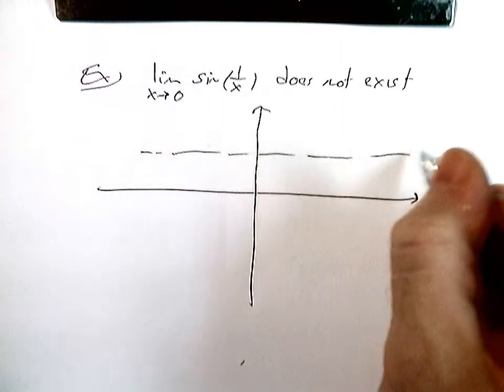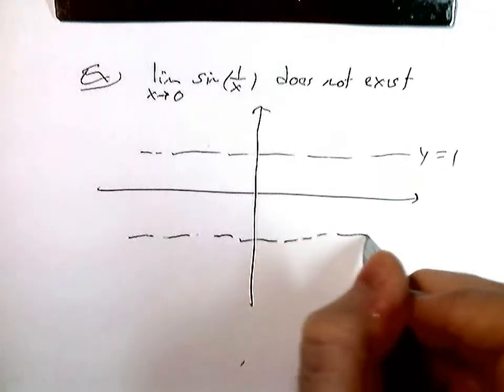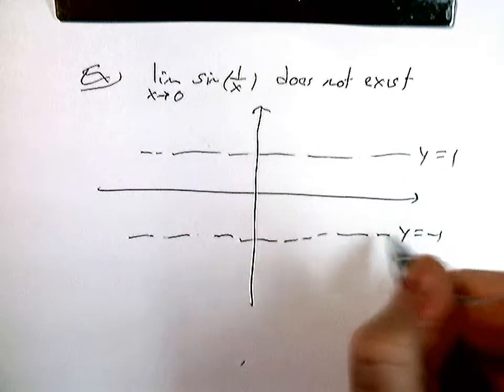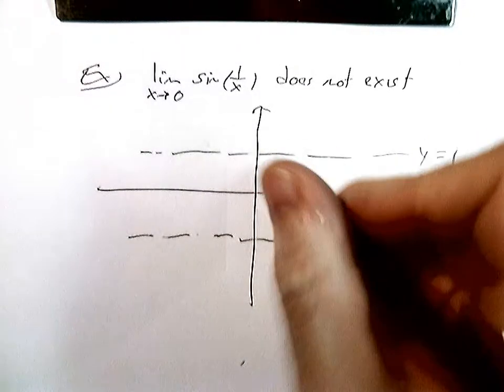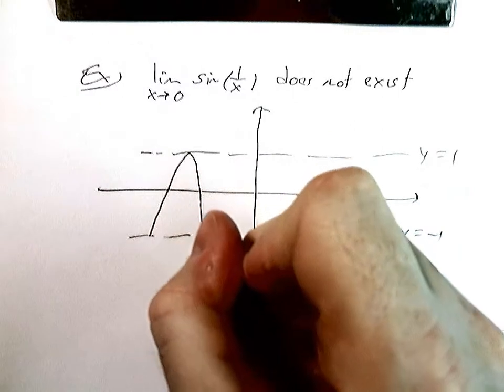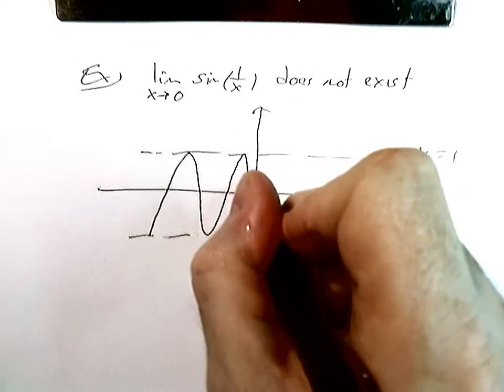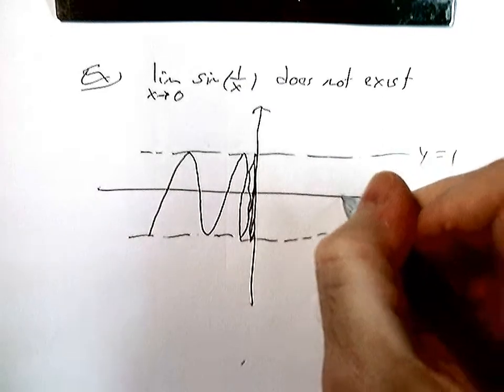So here would be the horizontal line y equals 1, and down here the horizontal line y equals negative 1. So you have to use your imagination here. And my sine function of 1 over x, as I come in here, is going to oscillate between these bounds. And as I come in, I oscillate more and more, and likewise over here.